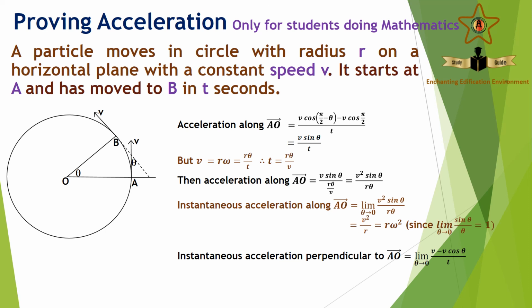Now the instantaneous acceleration perpendicular to AO is the limit as theta tends to 0 of v minus v cos theta over t. When theta tends to 0, cos theta is 1. So v minus v is 0. So the acceleration is going to be 0.